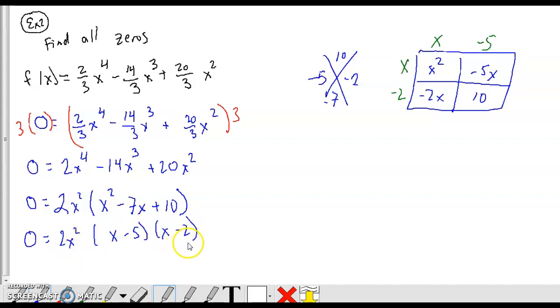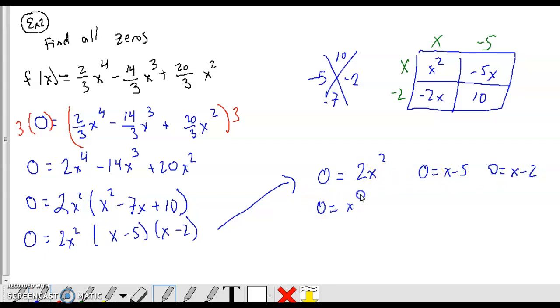So now I'm going to set all of these values equal to 0. I'll do that over here. So 0 is equal to 2x squared, and then 0 is equal to x minus 5, and 0 is equal to x minus 2. I'm going to get 0 is equal to x squared, take the square root, and I'm going to get x is equal to 0. I'll add 5 to both sides, I'll get x is equal to 5.